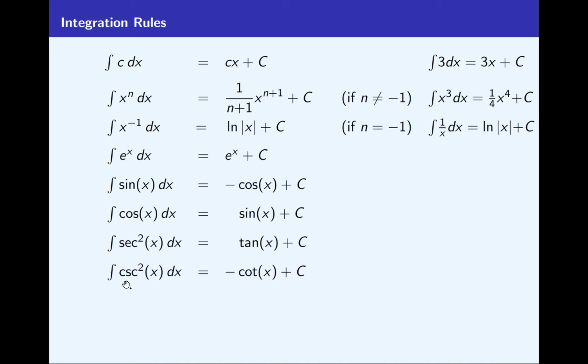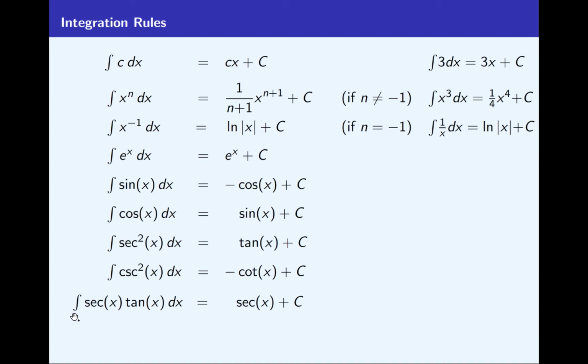Likewise, the integral of cosecant squared x dx equals negative cotangent x plus c, because the derivative of negative cotangent x plus c is cosecant squared x. We've got two more trig functions to run in reverse. We know the derivative of secant x plus c is secant x times tangent x.